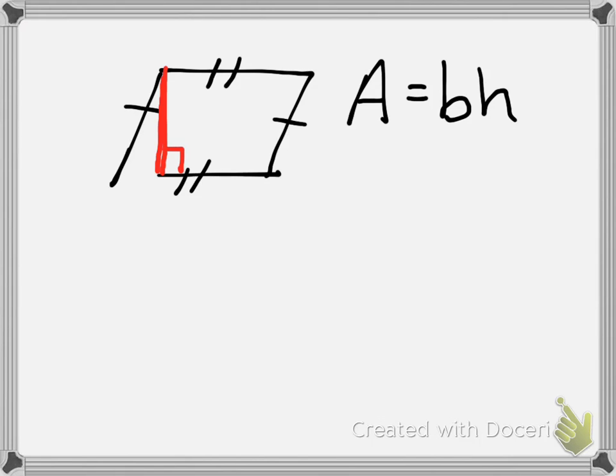It's the same thing on a parallelogram. So this would be your height, and then your base would be what you're going perpendicular to. So this right here is going to be your base. So you would just do base times height.